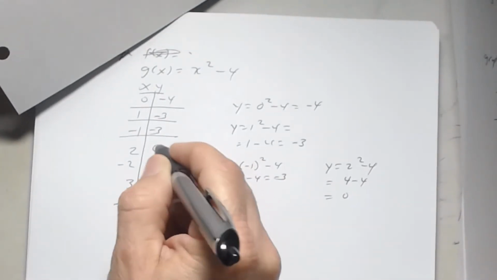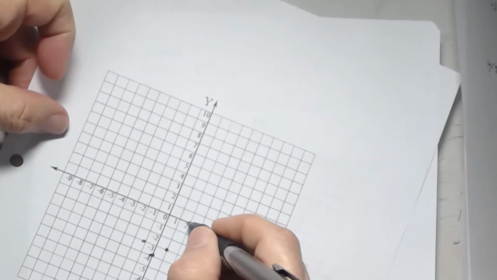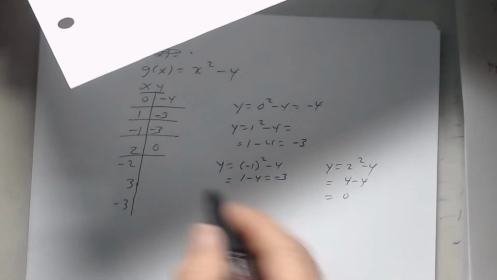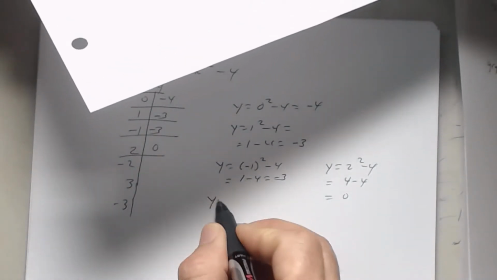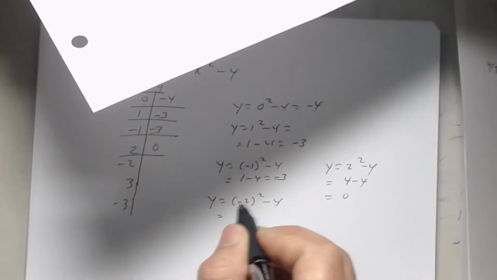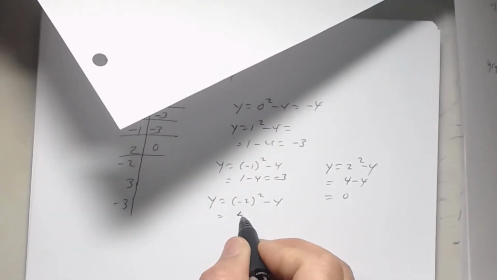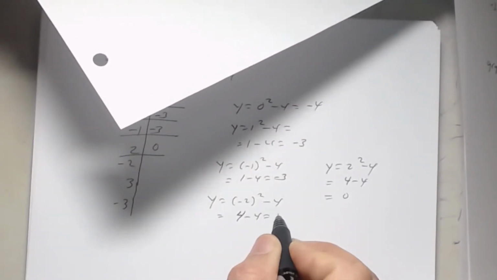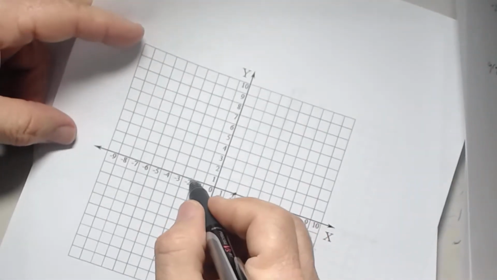So I plot the point 2, 0. So 2, 0 is here. When x is negative 2, I get y equals negative 2 squared minus 4. What's negative 2 squared? 4. And 4 minus 4 is 0. So negative 2, 0 is here.